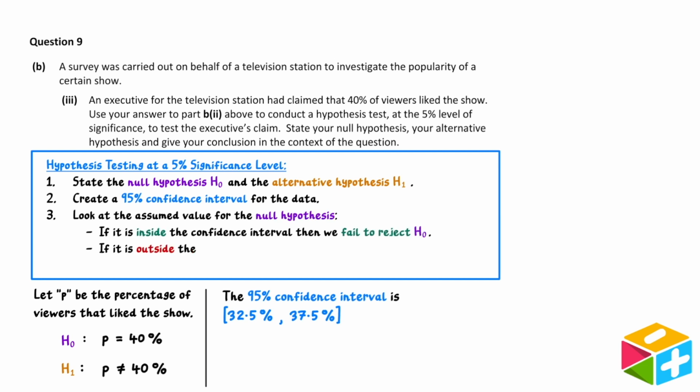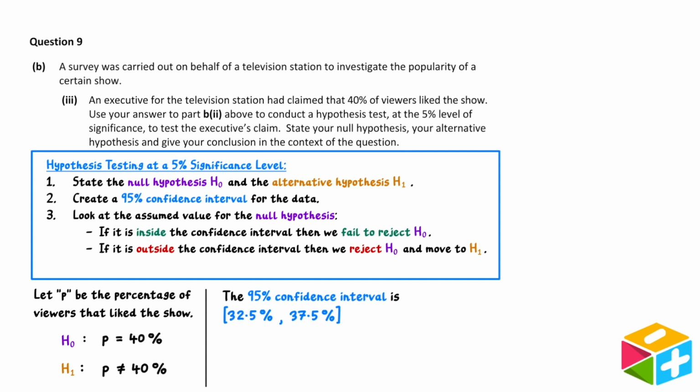Step 3 involves the following. We need to look at the assumed value for the null hypothesis. If it is inside the confidence interval, then we fail to reject H0. If it is outside the confidence interval, then we reject H0 and move to H1.